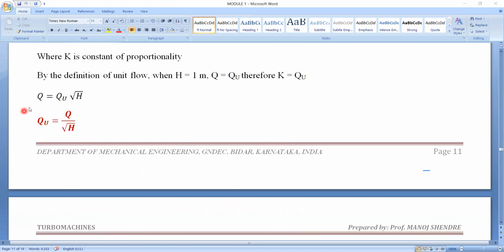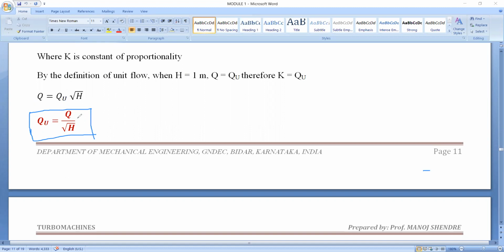So therefore, q equals qu times root h, or qu equals, do the cross multiplication, q by root h. This is the required formula for unit flow. In numericals, sometimes you will be asked to calculate the value of unit flow. Just use this formula, qu equals q by root h.